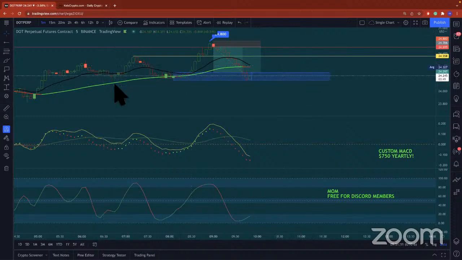Looks like we're fixing to get stopped out, but you really can't complain too much if we get stopped out right there, because it's 1.66% at a 10x. That's 16.6%.